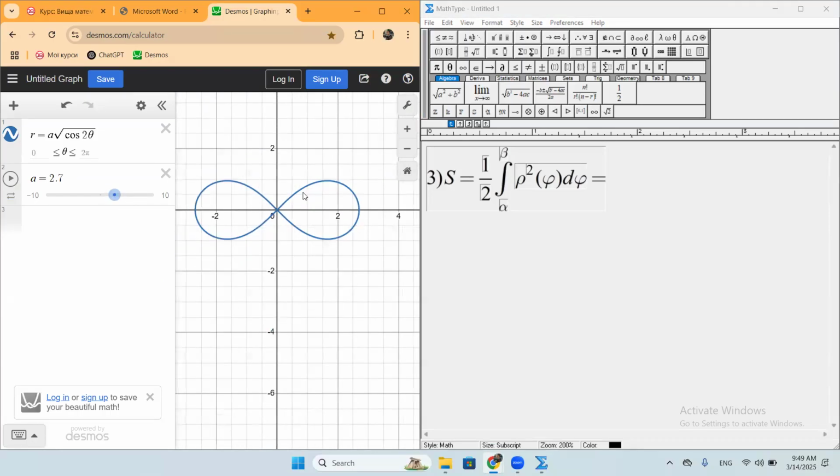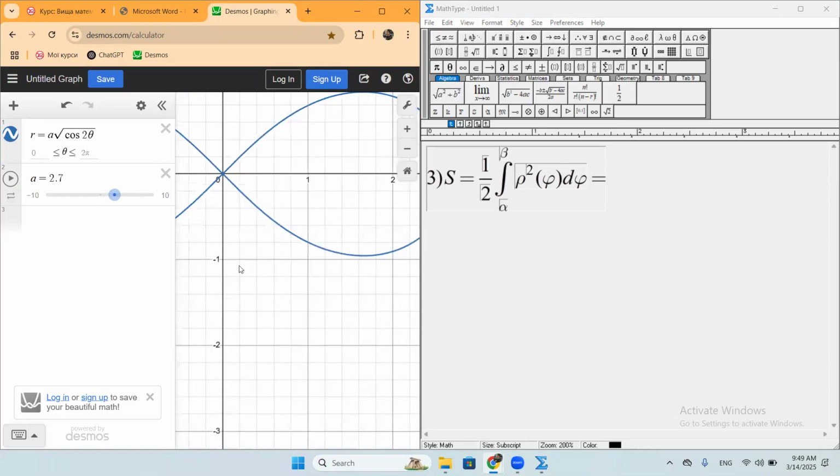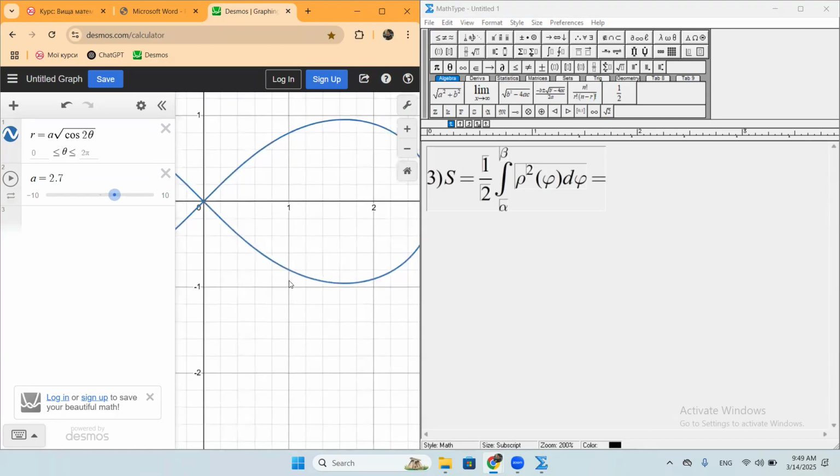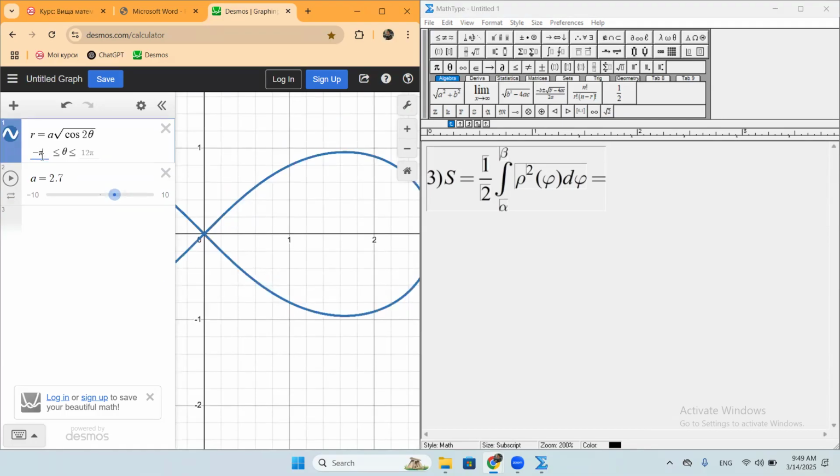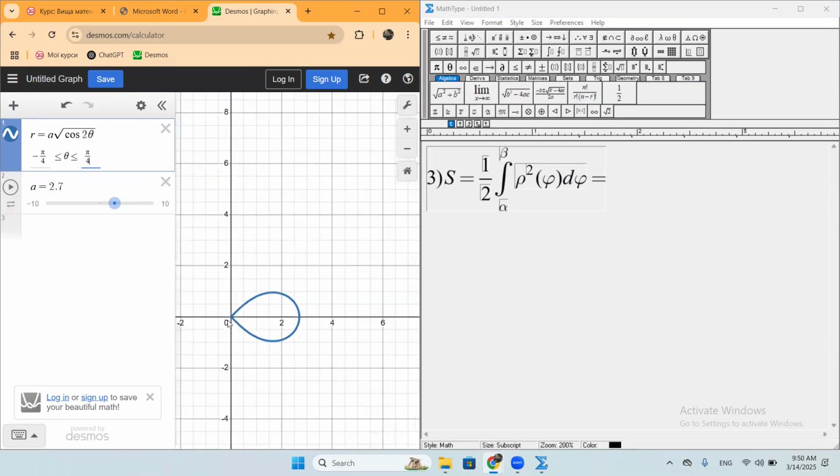This figure is symmetric, and as we can see, we have to integrate from minus p over 4 to p over 4, because we have such rays that correspond to such angles, p over 4 and minus p over 4.